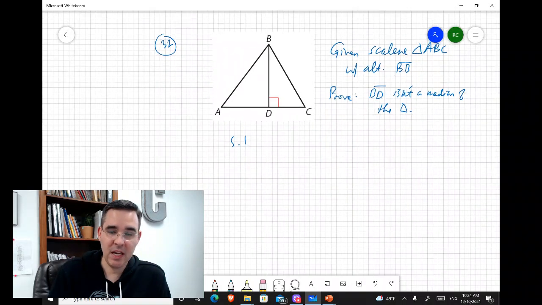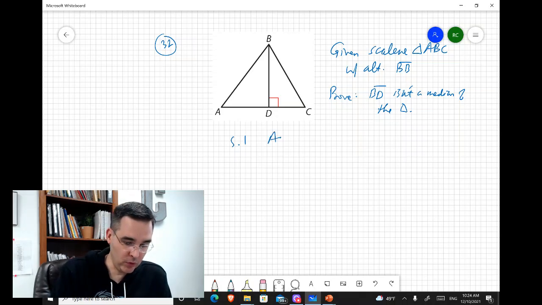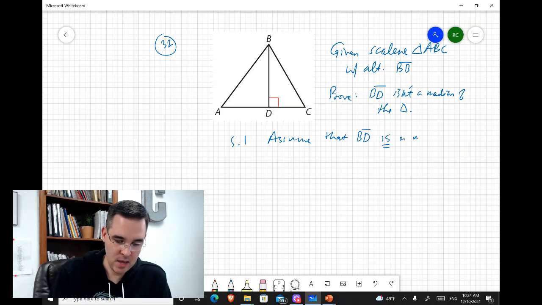So my first statement, I'm just going to go about assuming the opposite of what I'm asked to prove. So I'm going to assume that BD is a median.